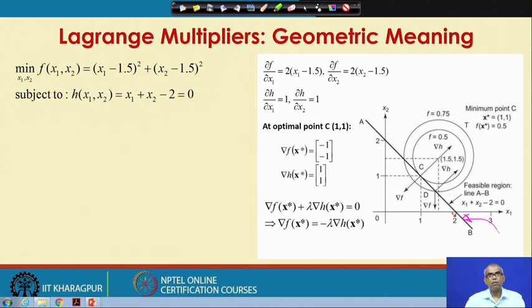Since we are minimizing the function, the contour which represents f equal to 0.5 touches the constraint line at point C, and this has to be the minimum point.